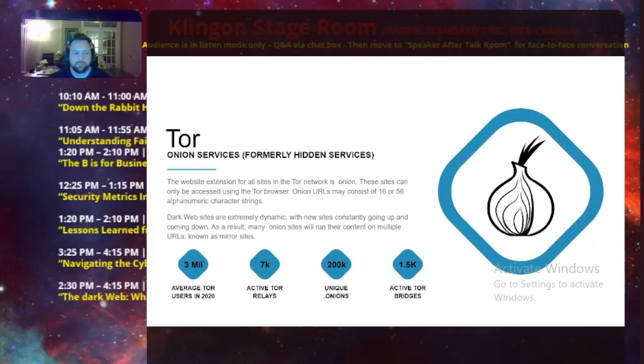Great. So next portion, I'm going to dive right into Tor. I'm going to do some searches within our platform and then pivot over into Tor so you can see what Tor looks like. So give me 1 second as I share out my other screen.